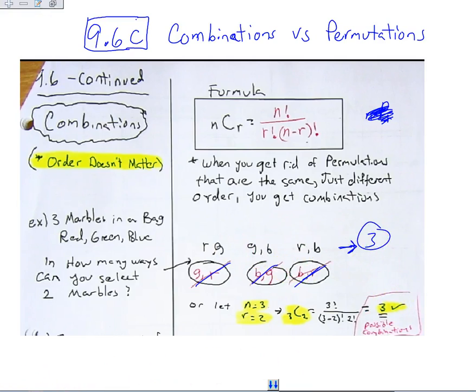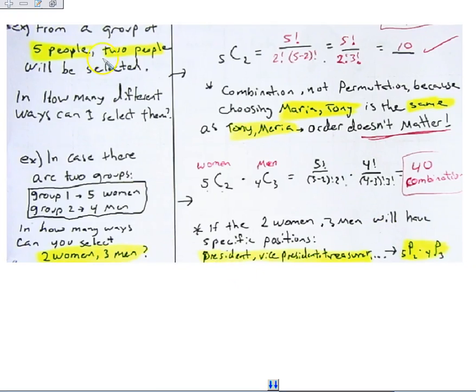Let me give you other examples. Let's say that from a group of 5 people, 2 people will be selected. In how many different ways can I select them? So 2 people from a group of 5 people. So the answer is 5 choose 2.